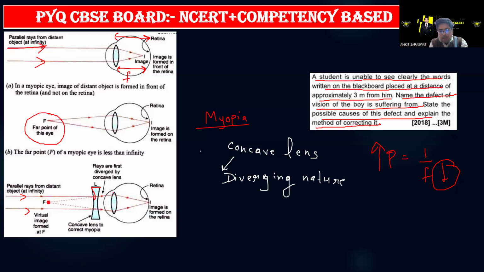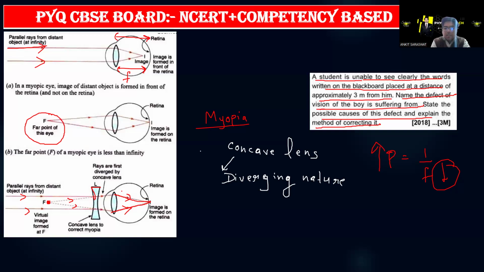So for the lens inside our eye, it looks like light is coming from the far object, the far point. Light is coming from the far point and it is clearly focused on the retina. That's why you are able to see. The image is formed on the retina when you wear the lens. It means like specs.